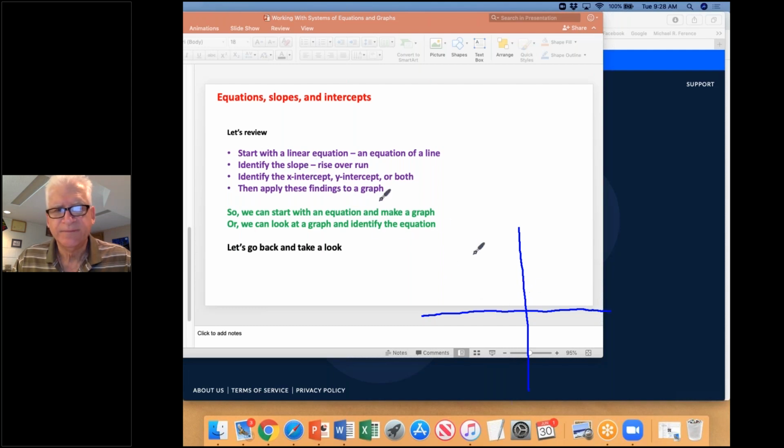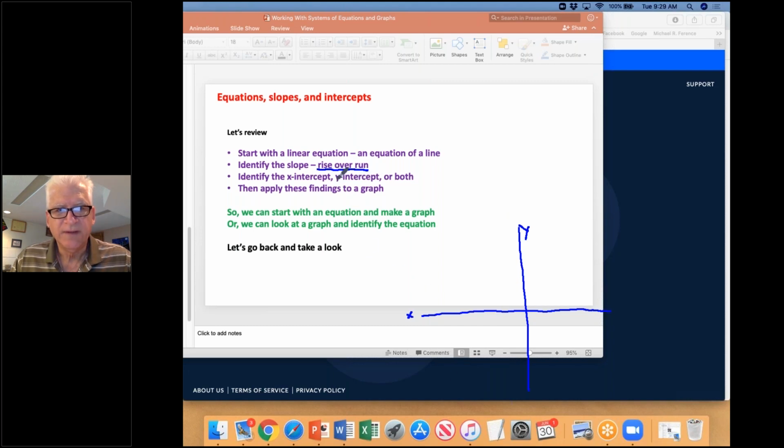So the change in y, either positive or negative, over the change in x, also known as rise over run. Rise meaning vertical, run meaning horizontal. Then you identify either the x or the y-intercept or both, and then you can graph the equation.